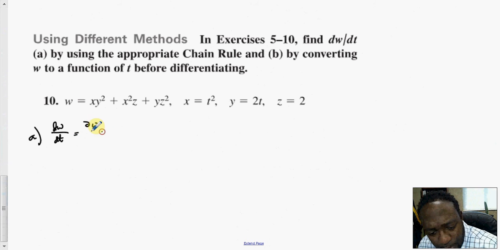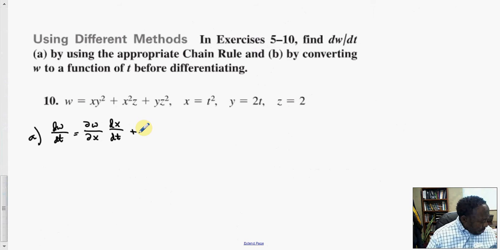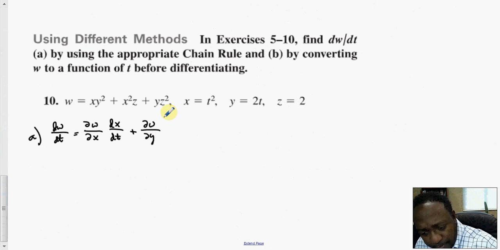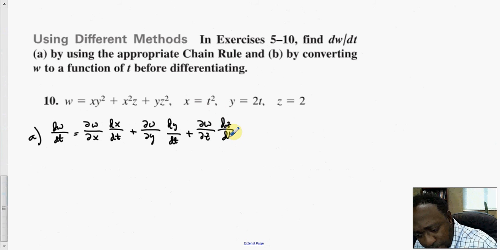This is the partial of w with respect to x times dx over dt plus the partial of w with respect to y times dy over dt plus the partial of w with respect to z times dz over dt.